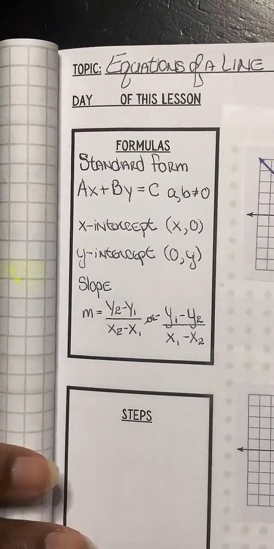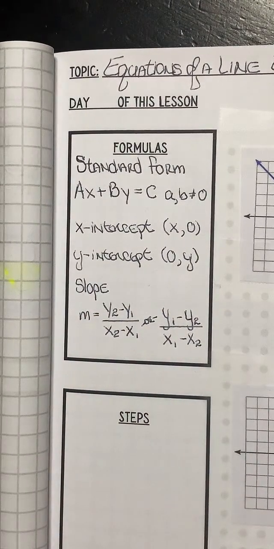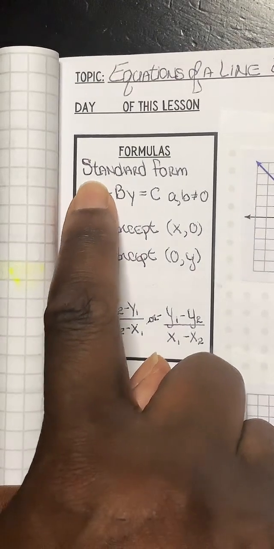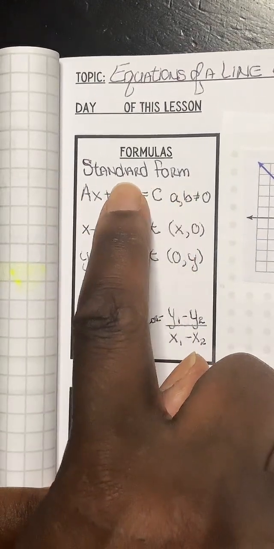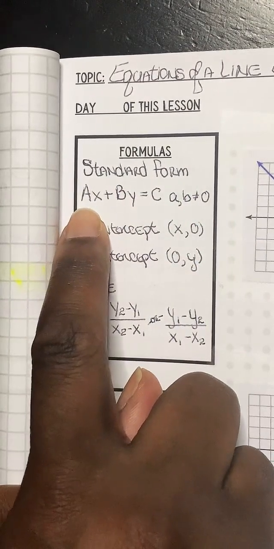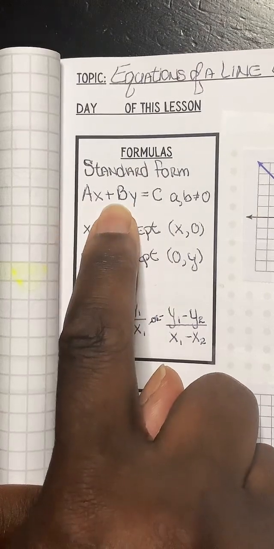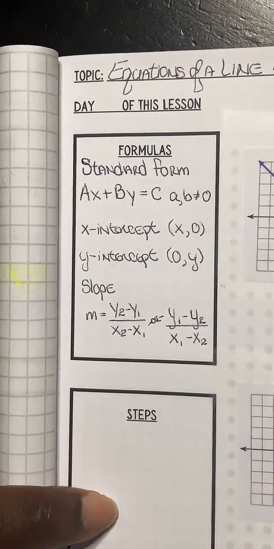So what we're going to do today, we're going to continue on the lines of slope, but we're going to take it a step closer. We're going to be looking at the equation when it is in standard form. Standard form is ax plus by equals c, where a and b do not equal 0.